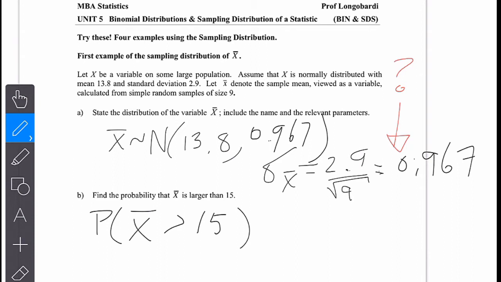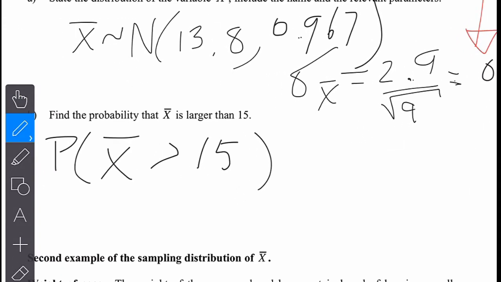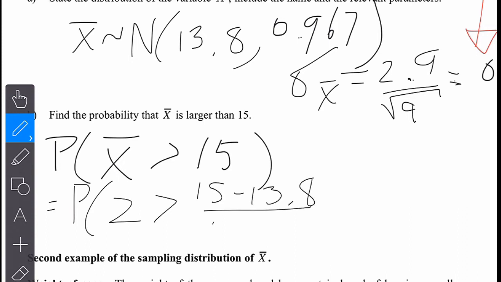Here it is. I use this to standardize. So Z equals X bar minus 13.8 divided by 0.967. Standardize. What do you get?